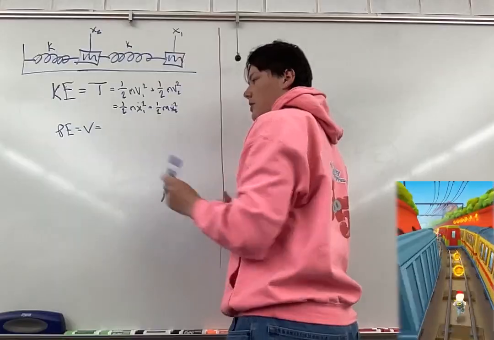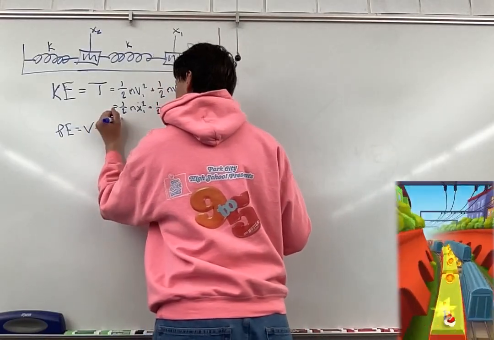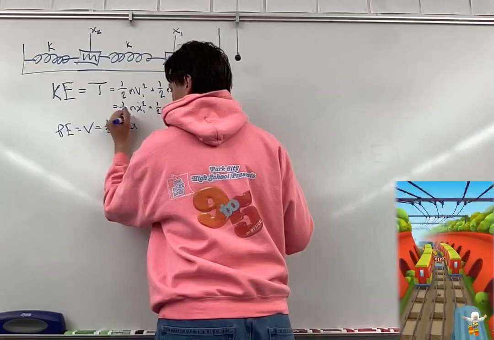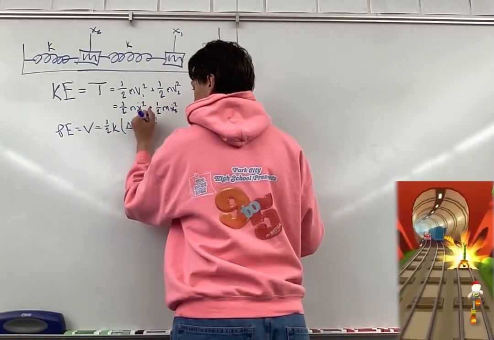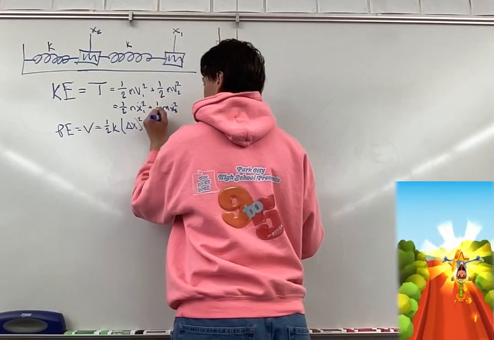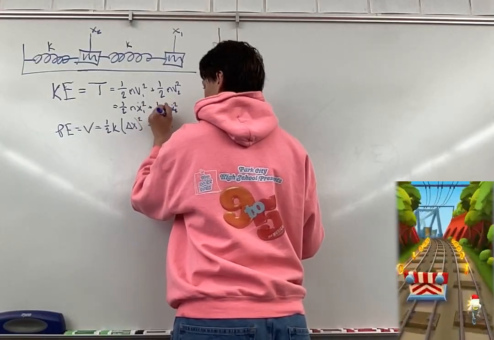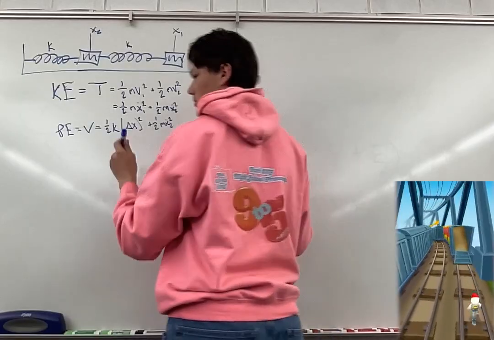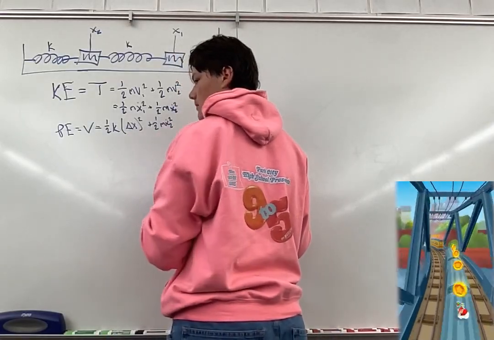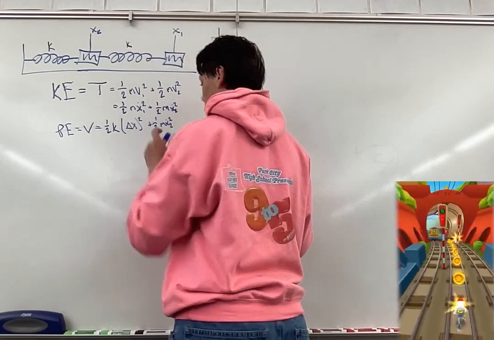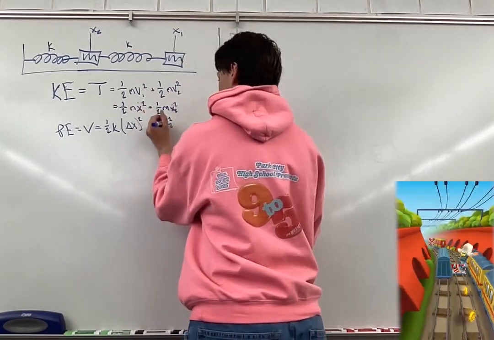So our potential energy is 1/2 k times delta x squared plus 1/2 m x dot 2 squared. No, that's the kinetic energy. It's not 1/2 m v squared, it's k.